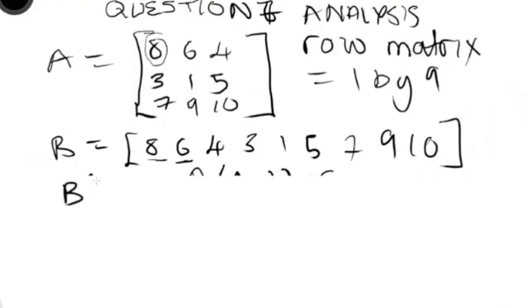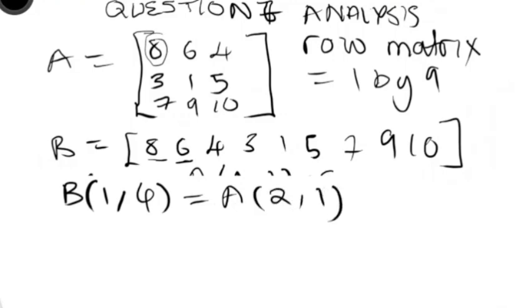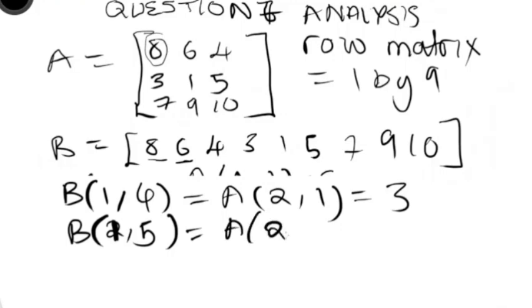Then B1,4 is equal to A2,1. Since we have entered the second row, we say A2,1, which is equal to 3. Then B1,5 is equal to A2,2, which is this one here.